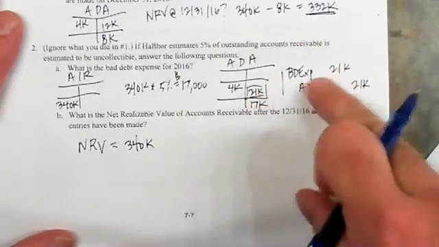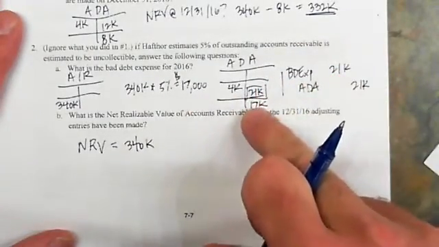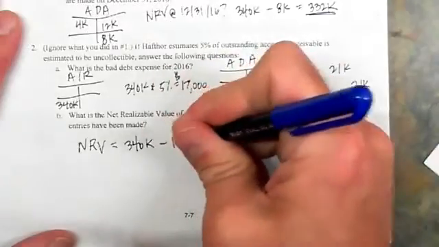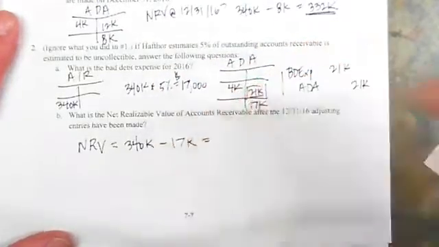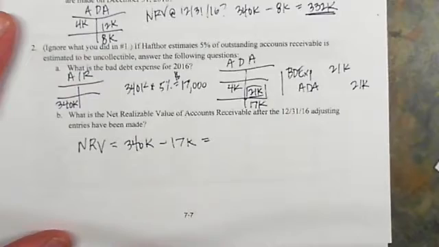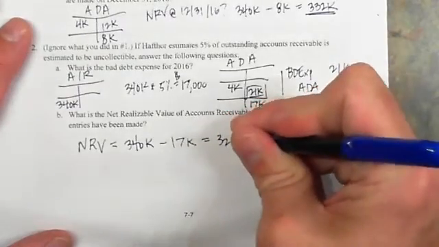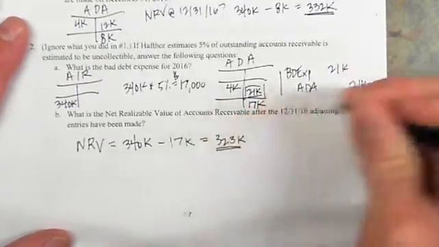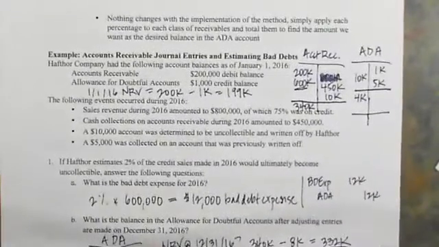Don't take 21 because that's the adjustment we made. That's not the balance of the ADA, minus 17K. So 340 minus 17K gives me my NRV.